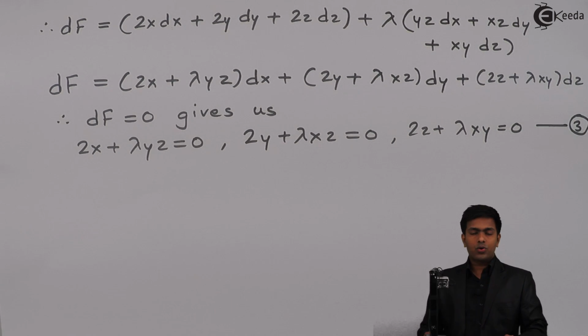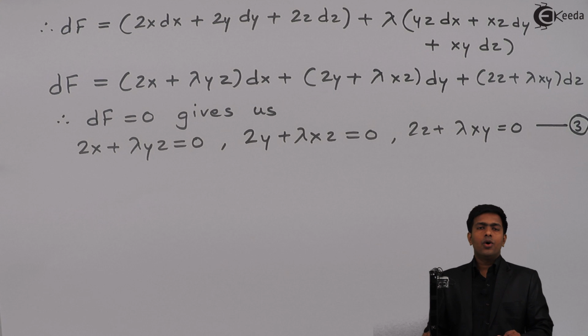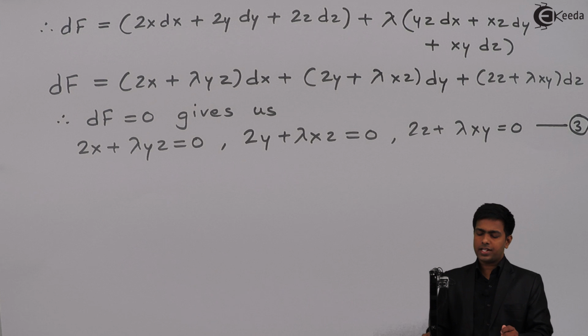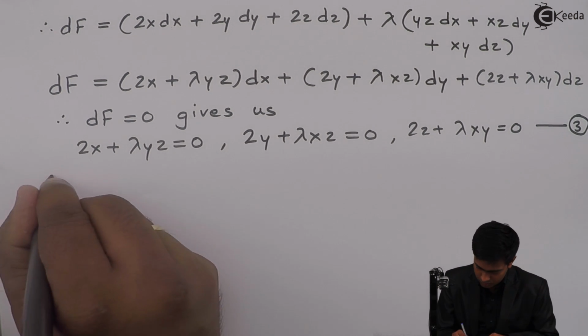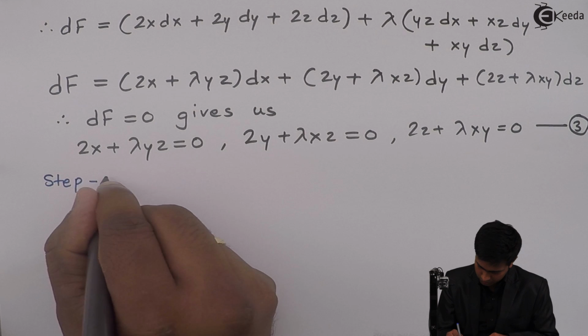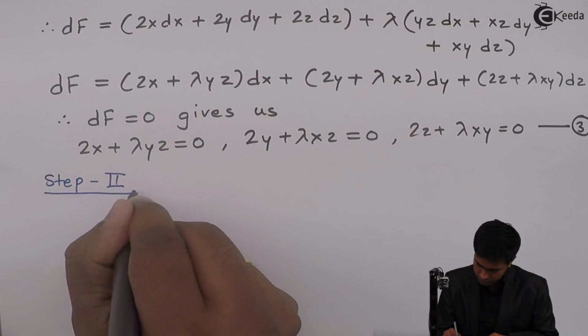And now we'll move to step number 2, where we'll solve equations number 1, 2, 3 to eliminate x, y, z and lambda, and then we'll find out the stationary value. So here I'll say step 2.